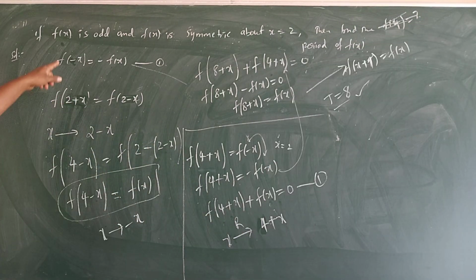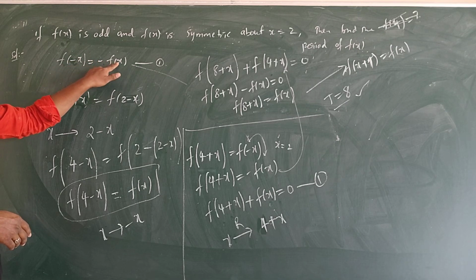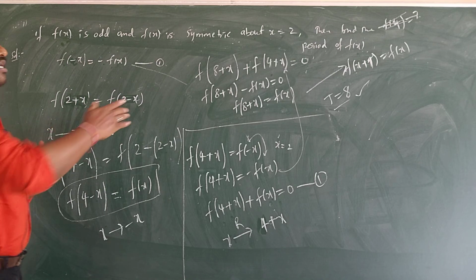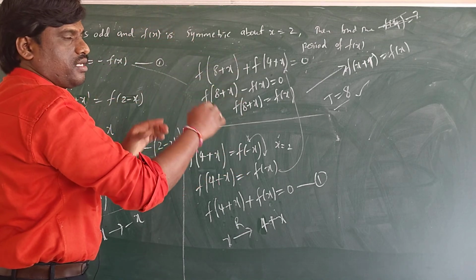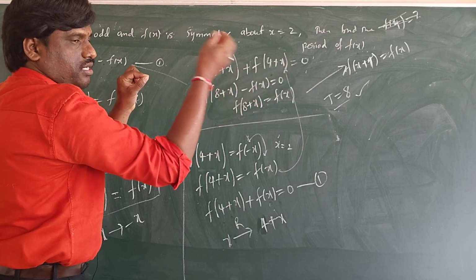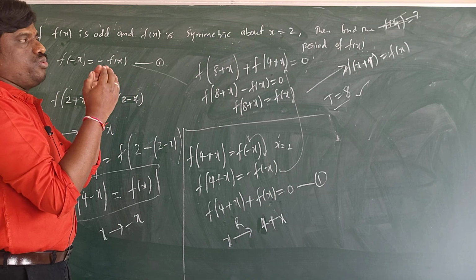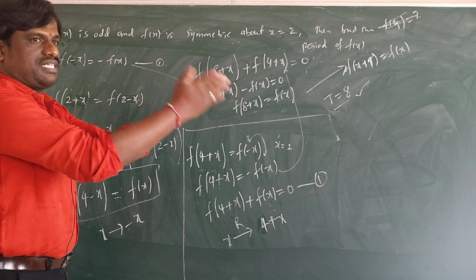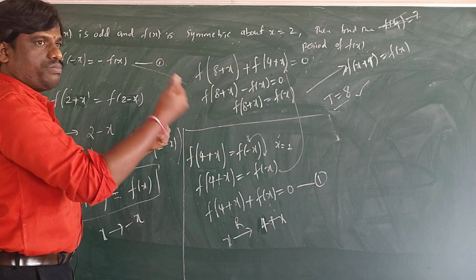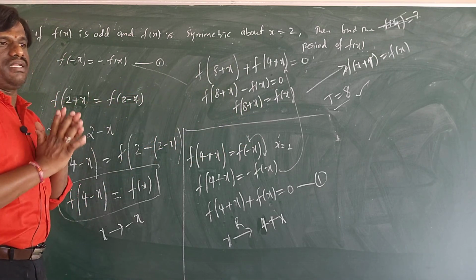See, f of x is an odd function, so f of minus x is equal to minus f of x. Symmetric about x equal to 2 means the line x equal to 2: some distance forward you go, forward means addition, some distance back you go, that is subtraction. Means 2 plus x something, 2 minus x something, the image should be the same, then only it is symmetric.